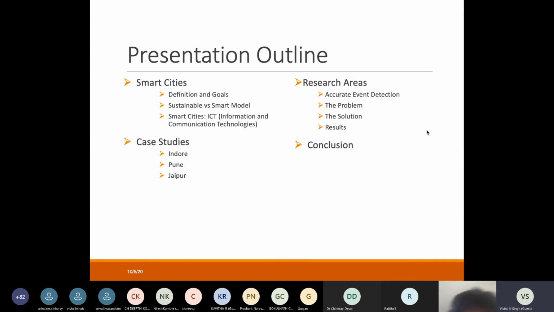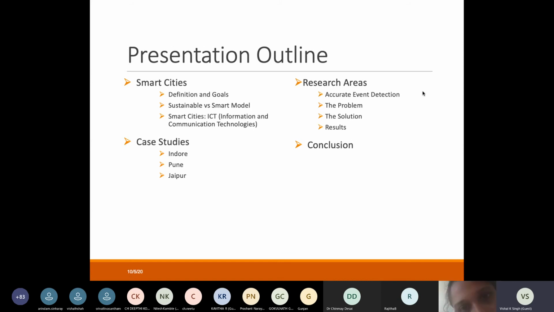Now, we'll also have a brief discussion about a research problem. The research problem has been an important concern in the security and surveillance applications of smart devices, and not only smart devices but in smart cities as well, which is the problem of accurate event detection. When we reach this topic, I shall discuss this research problem in detail and the solution which we have proposed.